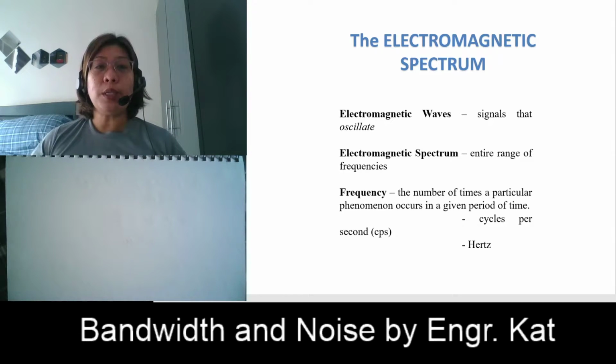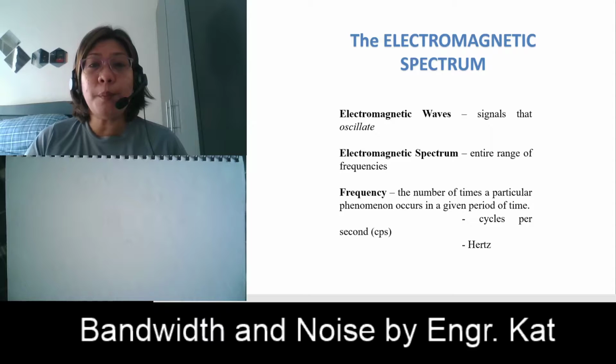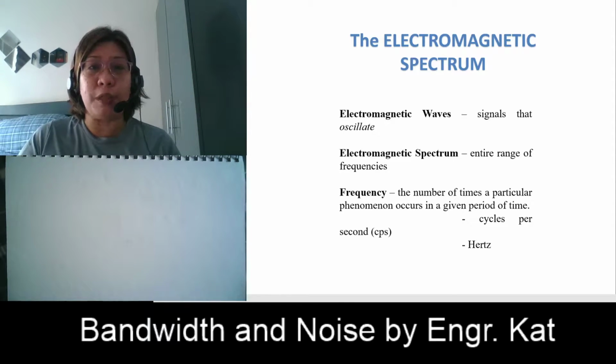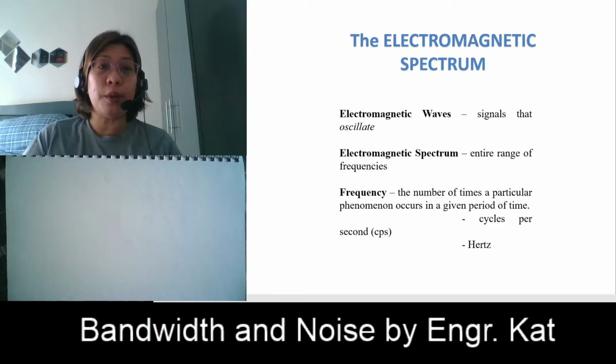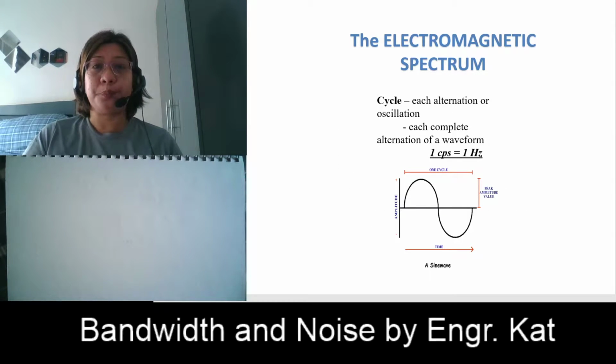When we say frequency, this is the number of times a particular phenomenon occurs in a given period of time. The unit for frequency is cycles per second, but we are more familiar with hertz.